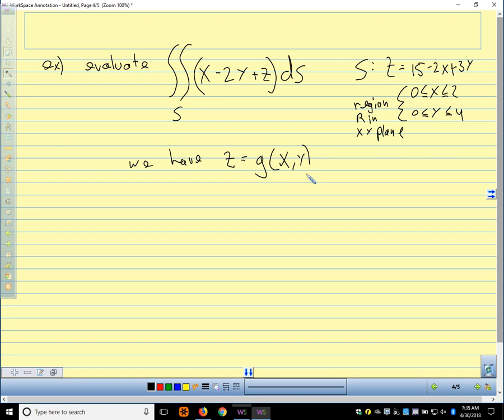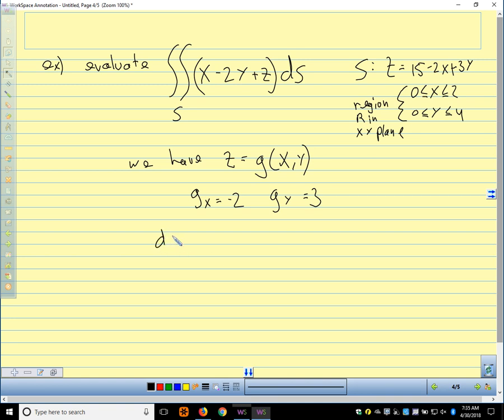We need to take the partial derivatives of the function that represents the surface, because those partial derivatives, what we talked about last time, give us a normal vector. The surface is what we take the partial derivatives of to get that quantity, square root of g sub x squared plus g sub y squared plus 1. So we take our partial derivatives of our surface. So g sub x is negative 2. G sub y, this is nice and easy, equals 3.